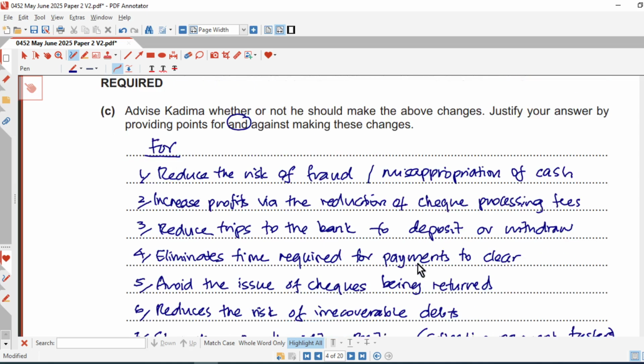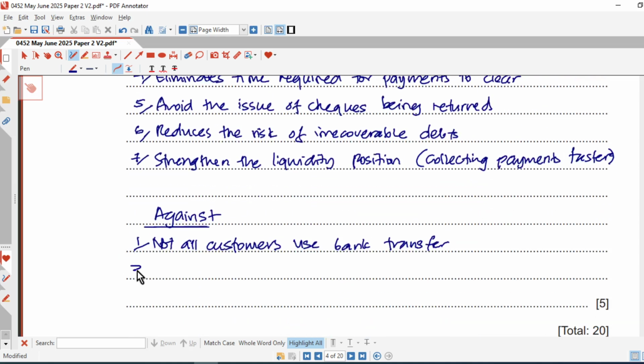And number two, not all suppliers or employees prefer bank transfer, right? Some of your suppliers or some of your employees may prefer being paid in cash.